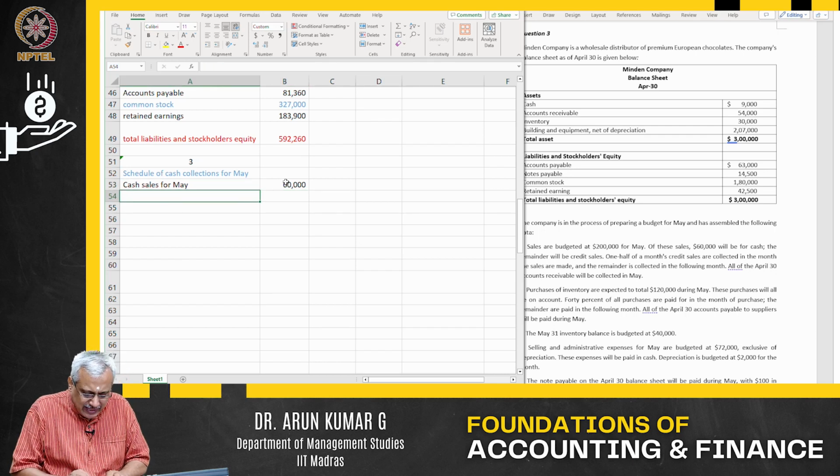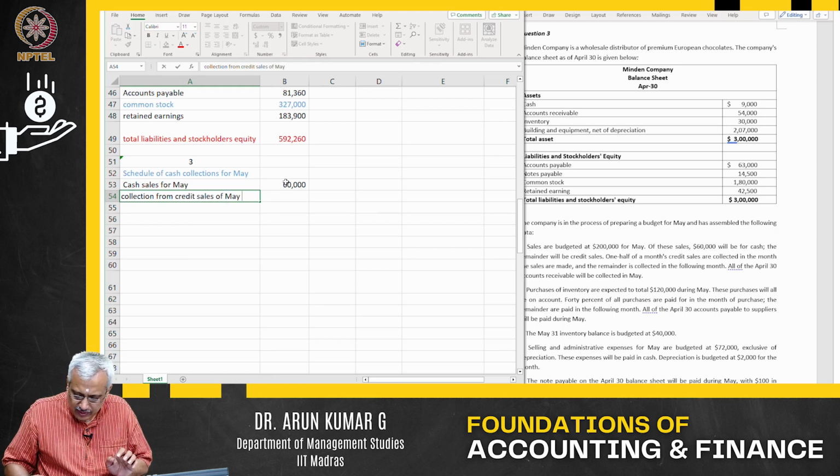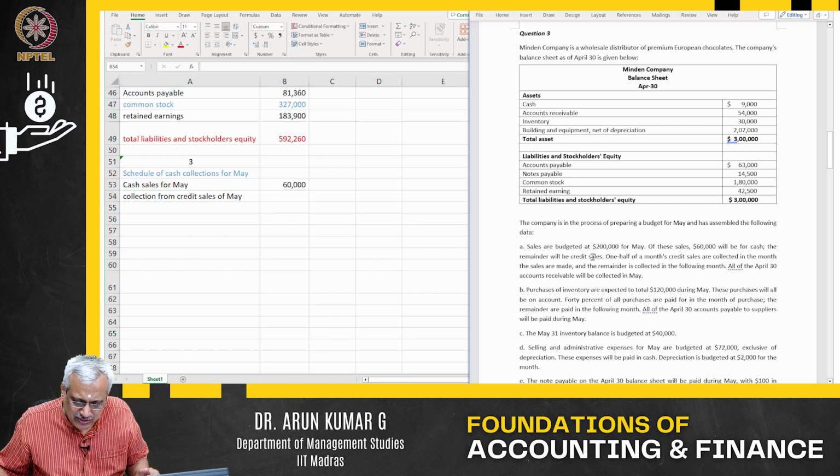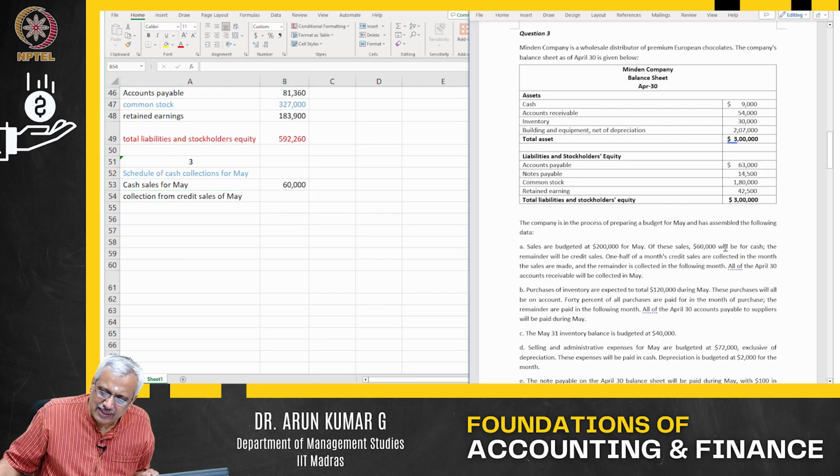Now, out of the credit sales of May, how much are you going to collect? That is collection from credit sales of May. What is the collection that you are going to have? Because you say total sales is 2 lakh, cash sales is 60,000. That means 2 lakh minus 60,000, 1,40,000 is credit sales in the month of May.